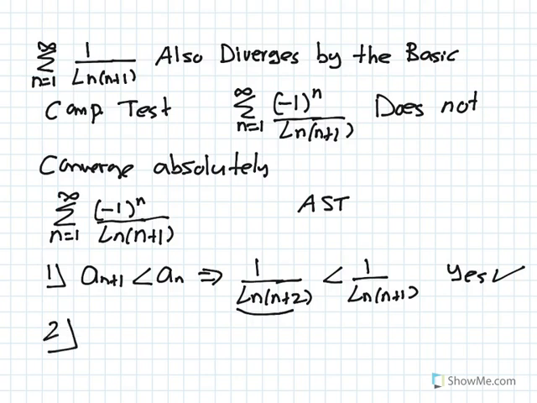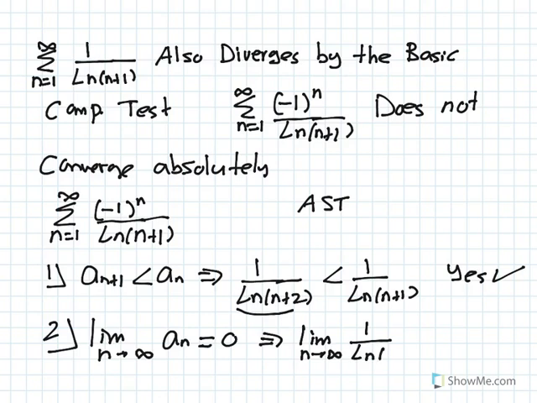Number two, is the limit as n approaches infinity of a sub n equal to 0? Taking the limit as n approaches infinity of 1 divided by log of n plus 1, this limit will be equal to 0 because we have a constant divided by log of n plus 1 that grows to infinity. The ratio approaches 0. The second condition also is satisfied.